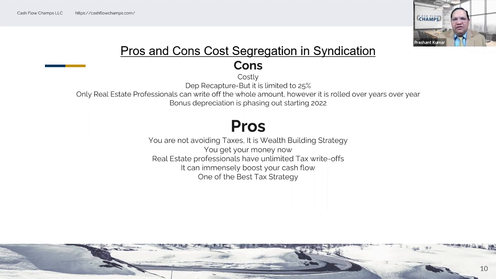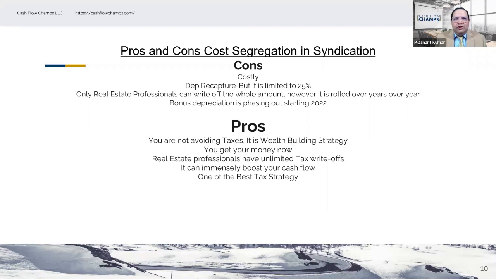So you are trying to get money now, and you are continuing to reinvest it, and that's the strategy that we have in real estate. I mean, why would I do straight line when I can do accelerated depreciation?